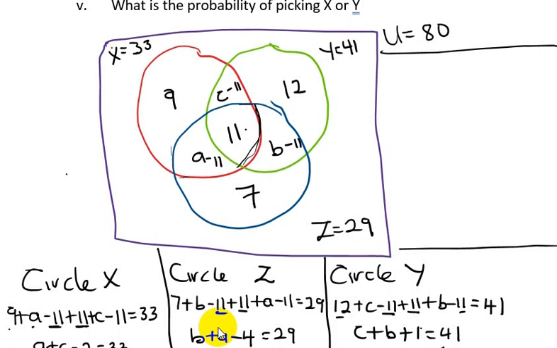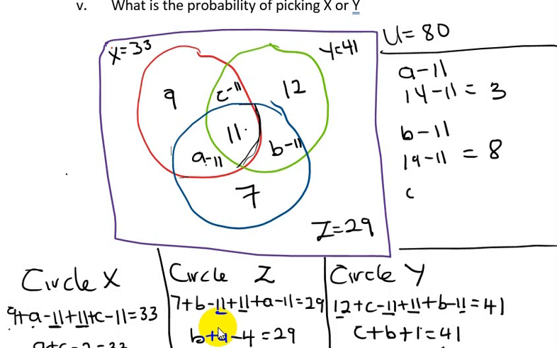So for A minus 11, we have 14 minus 11, and that's going to give us 3. For B minus 11, it is 19 minus 11, and that's going to give us 8. And for C minus 11, it is 21 minus 11, and that's going to give us 10. So these ones are for the only regions.